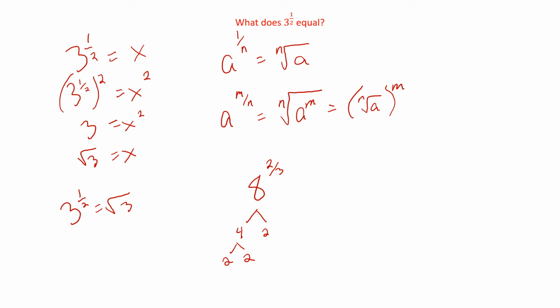So 8 is just 2 cubed, which means the cube root of 8 is just 2, and then we square it to get 4. So that's how those denominators work in your exponents. They make the root. So here we have 2 multiplied by itself 3 times gives us 8. So the cube root of 8 is 2.